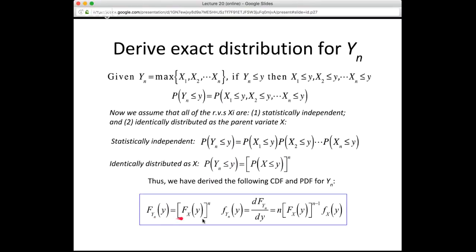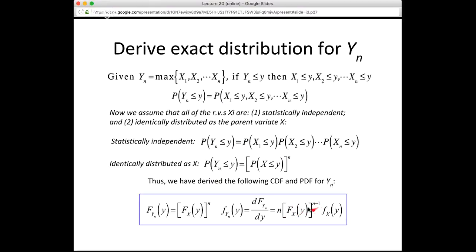We can also derive a corresponding PDF for that maximum random variable by just taking the derivative of its CDF with respect to y. And so the PDF is going to be dFyn/dy. Then we take that derivative over to the right-hand side, and basically we're going to get n times, just using the chain rule, Fx of y raised to the n minus 1.